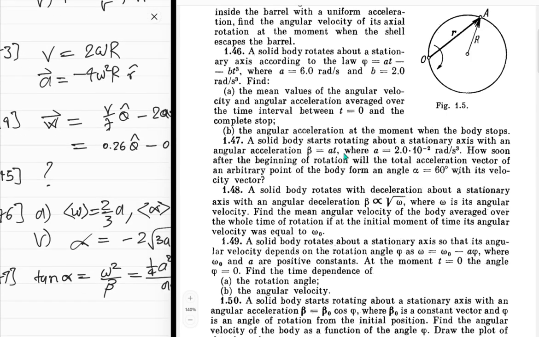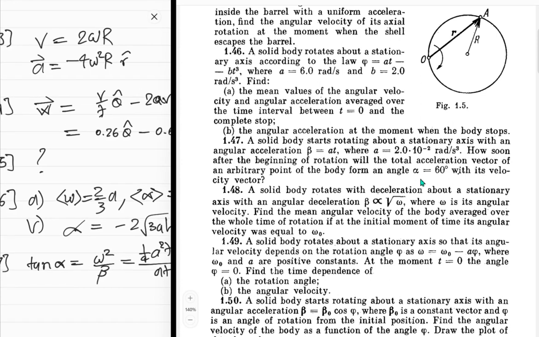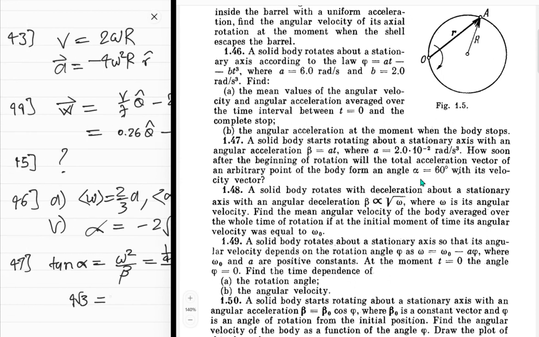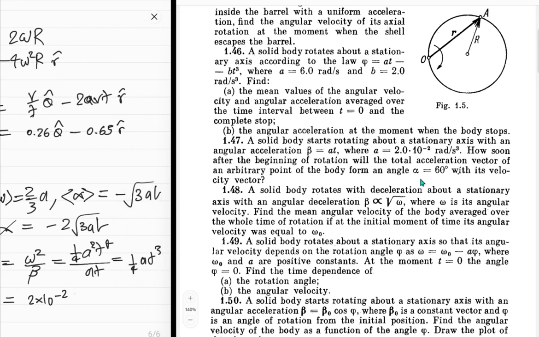And now just put in these values. How soon after the beginning, right? You just need a for this and alpha for this. So tan alpha in this case is square root 3. Square root 3 is equal to 1/4 a squared, which is 2 into 10 power negative 2, times t squared. Wait, sorry, t cubed.